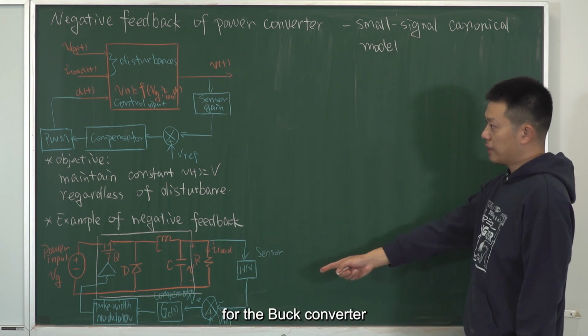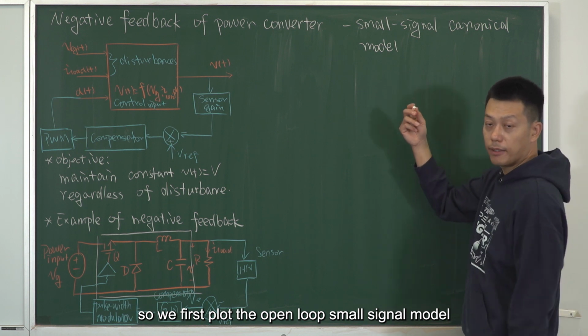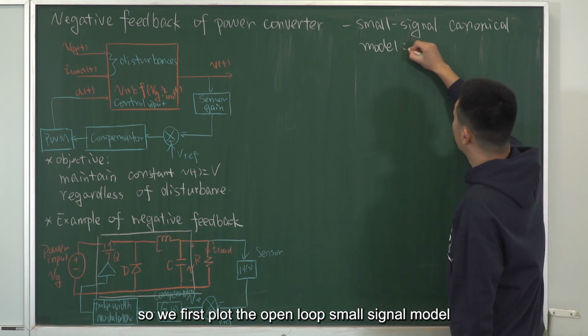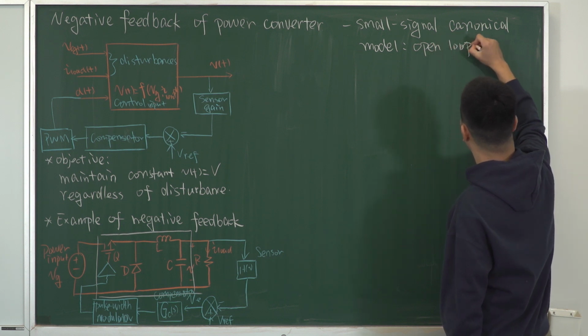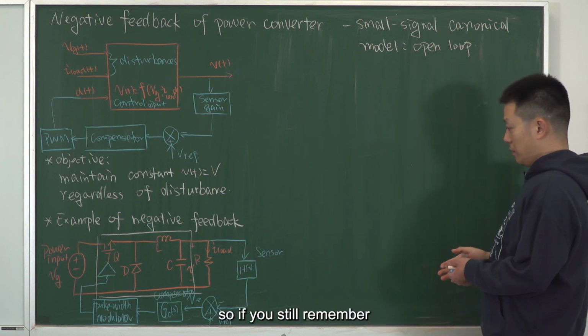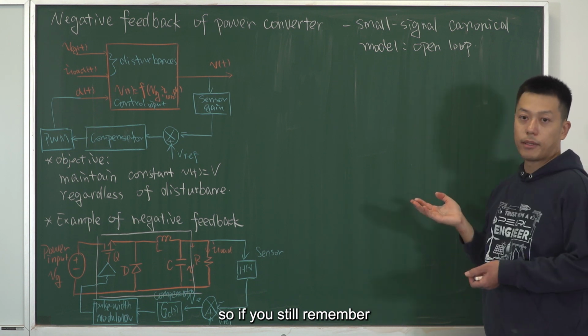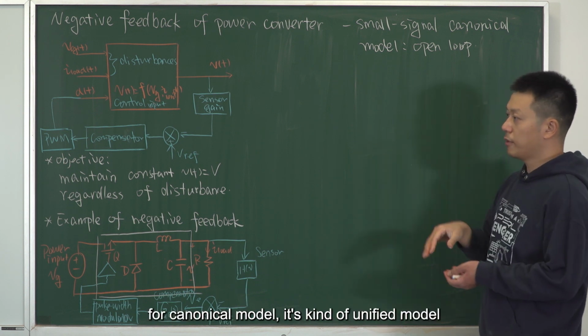For the buck converter, we first plot the open loop small signal model. If you still remember, the canonical model is a kind of uniform model.